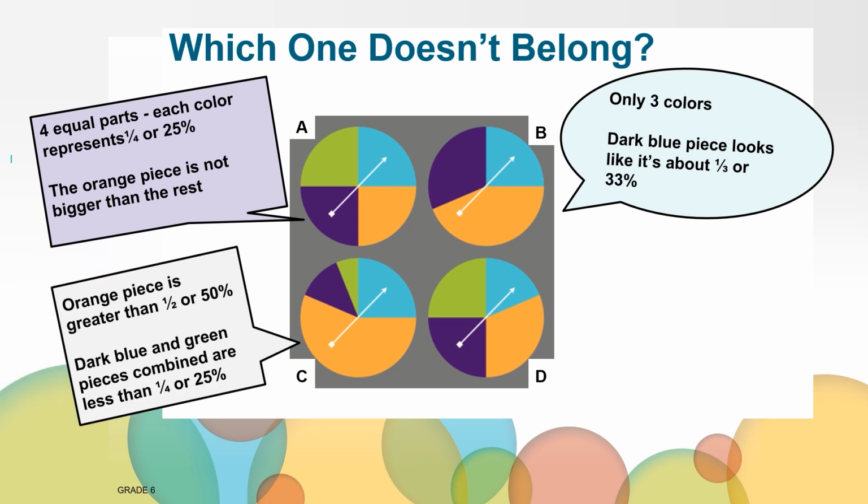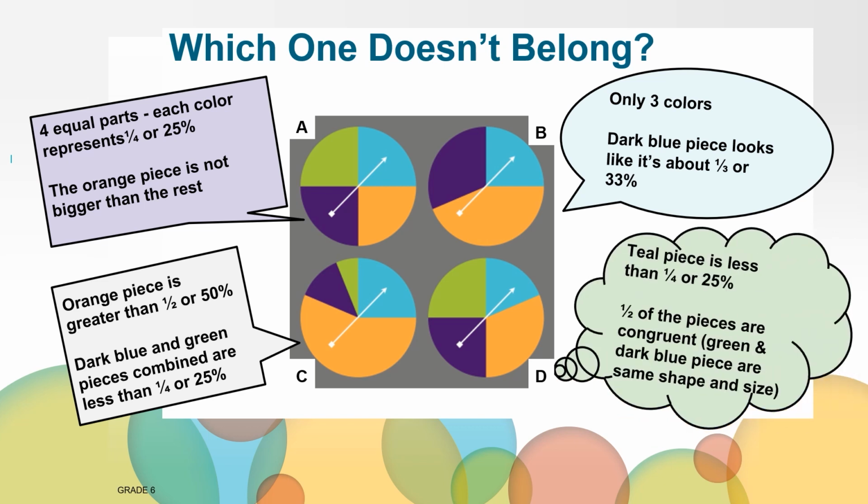Perhaps you chose C because the orange piece in the spinner is greater than half, or 50%, and the orange piece in all the rest of the images are less than half. Or maybe you chose C because the dark blue and green pieces combined seem to be less than 1/4 or 25% of the spinner, and those pieces are smaller than they are in the rest of the images.